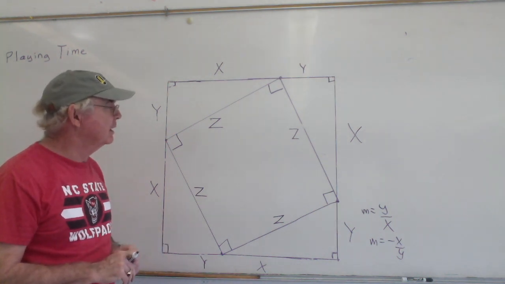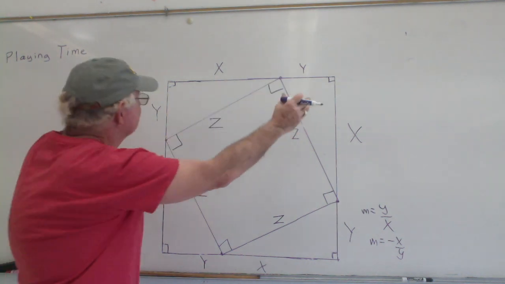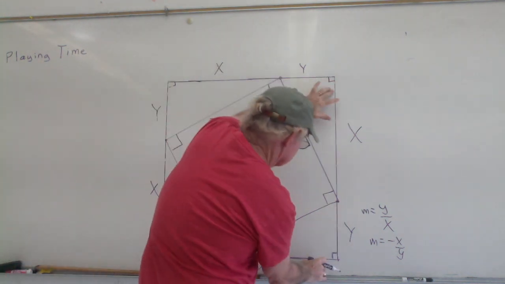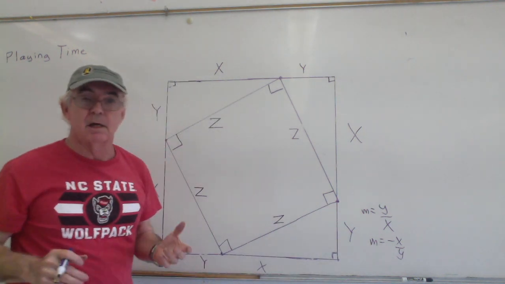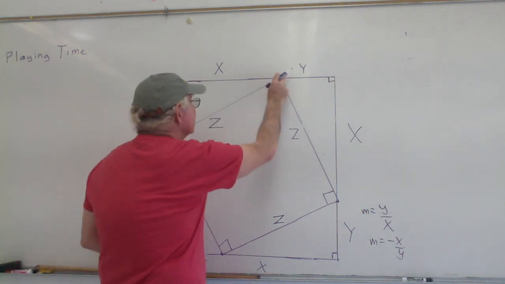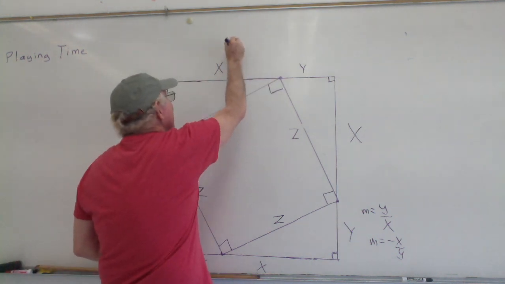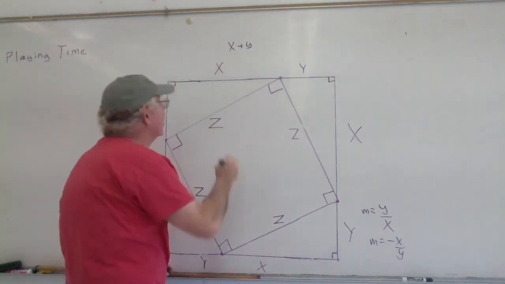So I was wondering if I could find the area of that big square. So what is the area of a square? It's the side to the second power. So if this is x and this is y, then that whole side is x plus y. That's the whole segment.